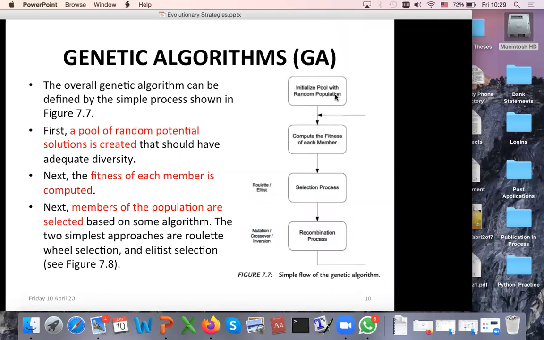And we have the name for this as a population from our previous knowledge of the genetic algorithm. So you have to initialize this pool of population randomly, or without a random approach. This is not necessary. The thing which is necessary is that we have to create this population.